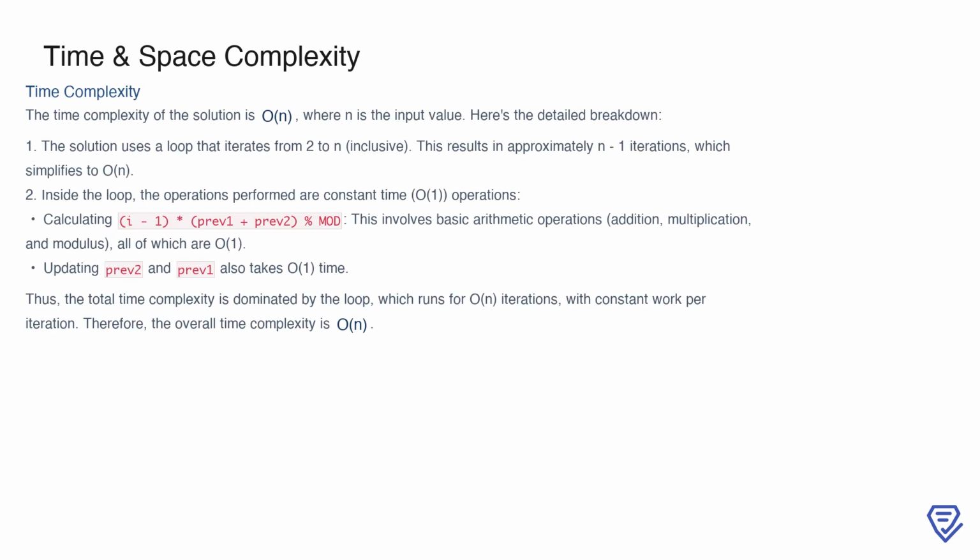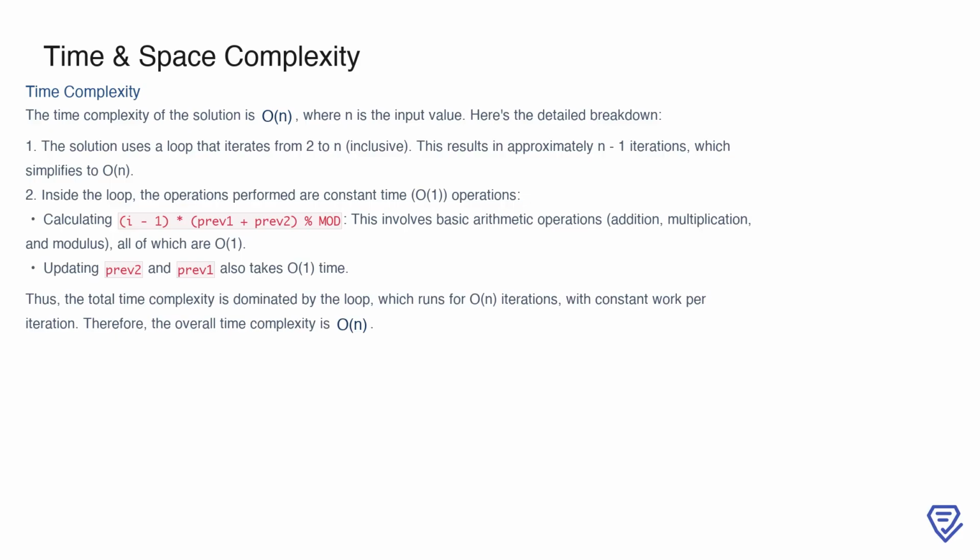The time complexity of this solution is O(n), where n represents the input value. This comes from the loop that iterates from 2 to n, inclusively, resulting in approximately n minus 1 iterations. When simplified, this is O(n). Inside the loop, the operations performed are all constant time, or O(1).